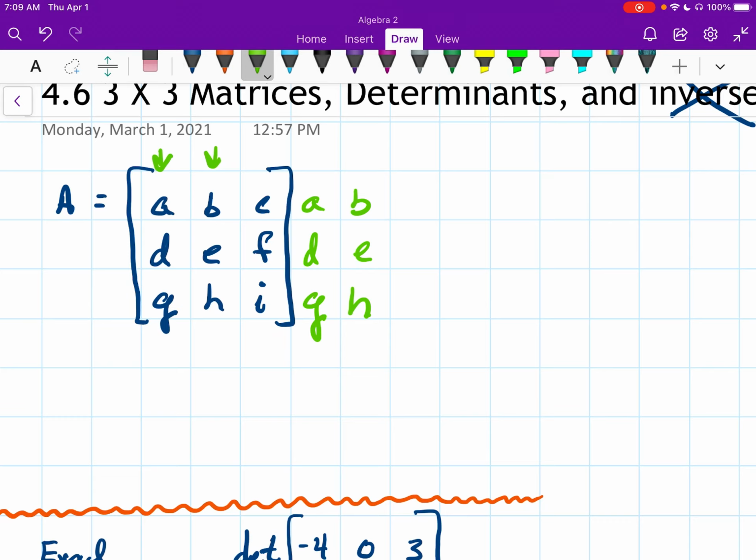Now, to find the determinant, you're going to look down this main diagonal.